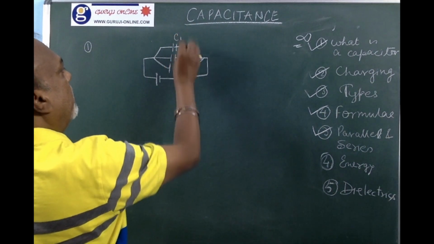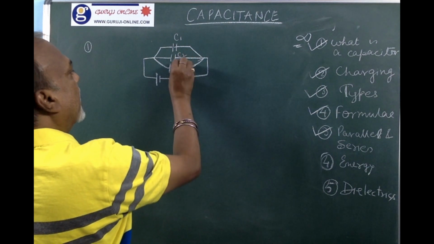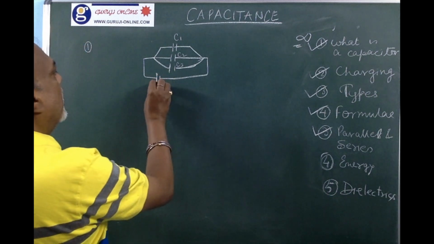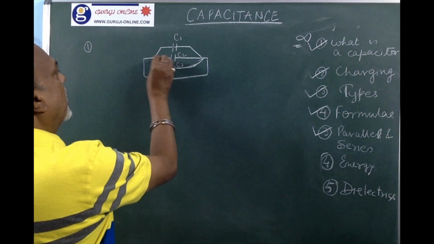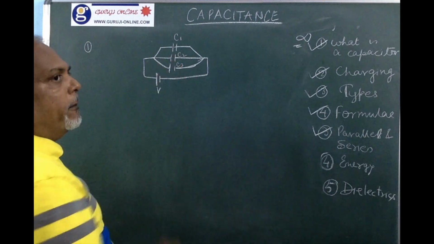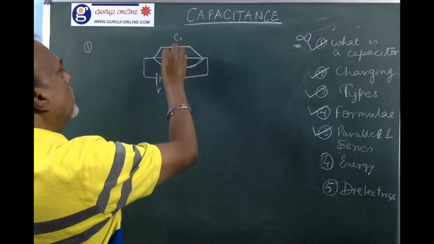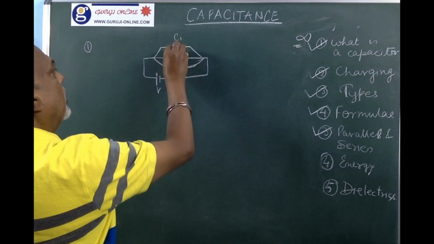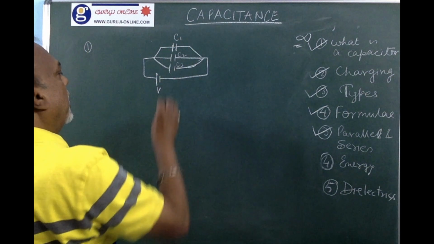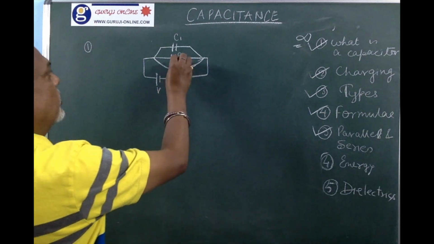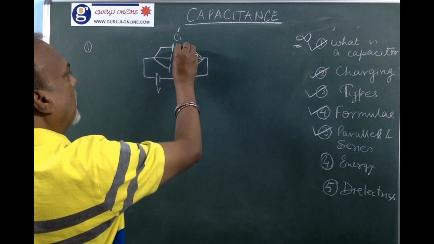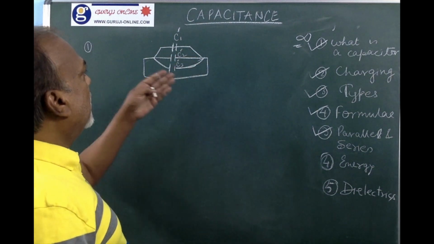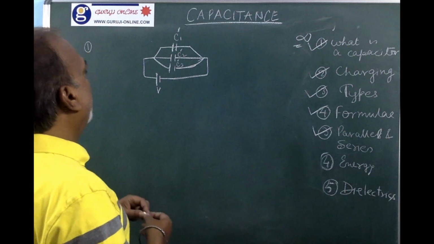Suppose this is C1, this is C2, and this is C3. Whatever V is there, this terminal is attached to all of these equally, meaning these capacitors are at equal potential. Correct? But naturally, because the capacitances are different, the charge accumulation will be different.